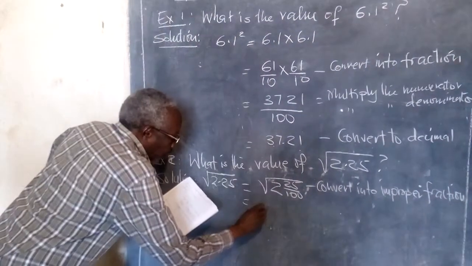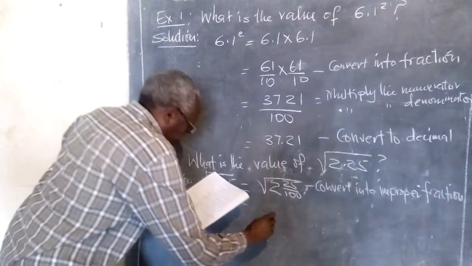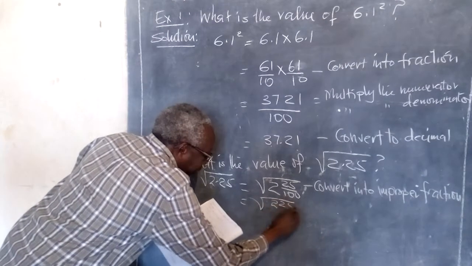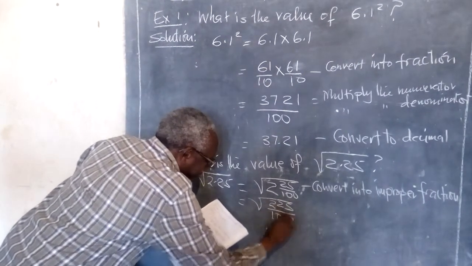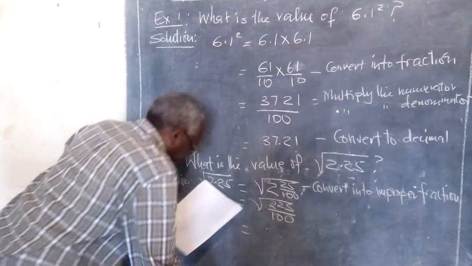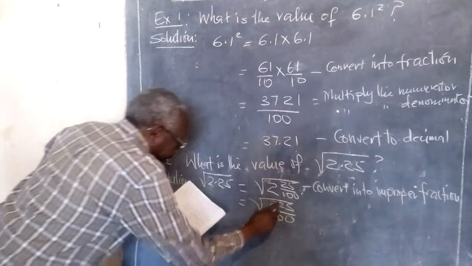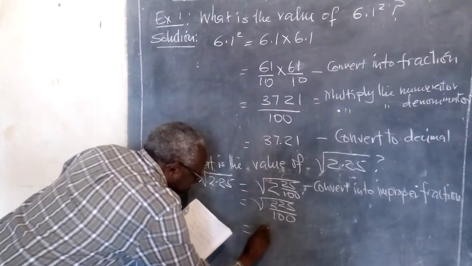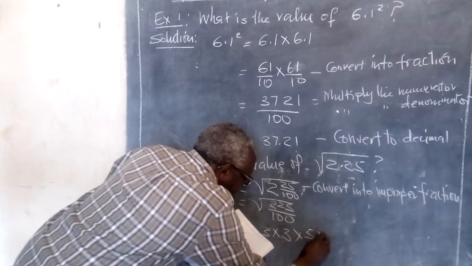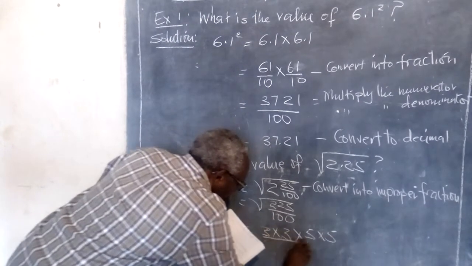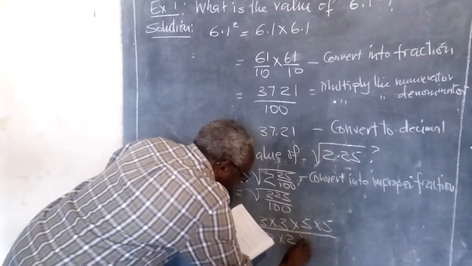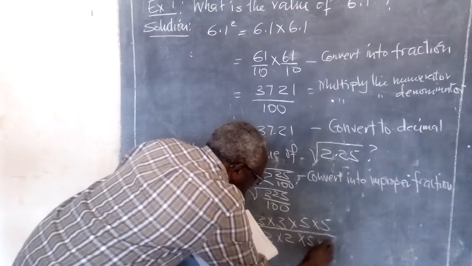So, we have square root of 225 over 100, which becomes, we factorize 225 to get 3 times 3 times 5 times 5 over 2 times 2 times 5 times 5.